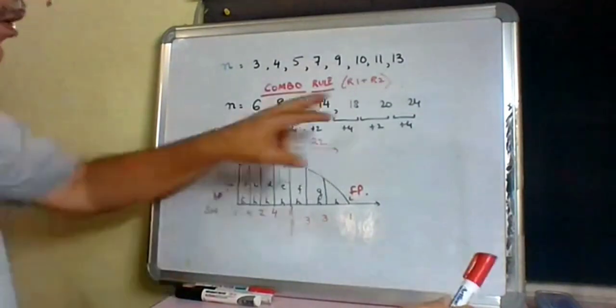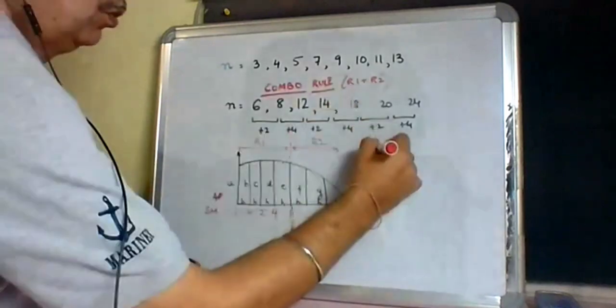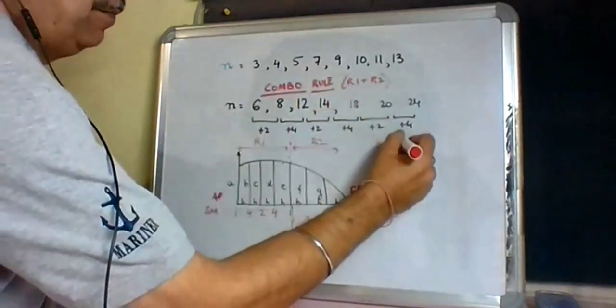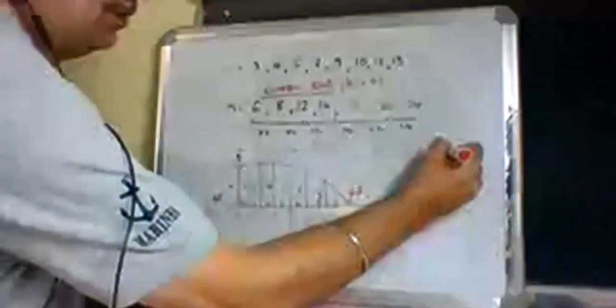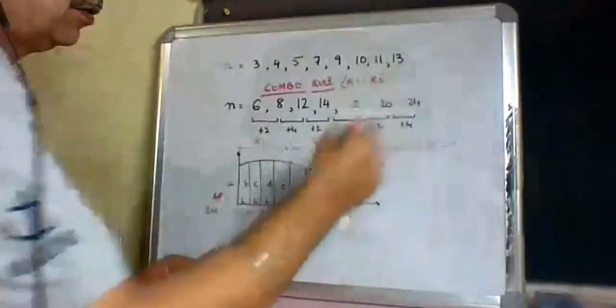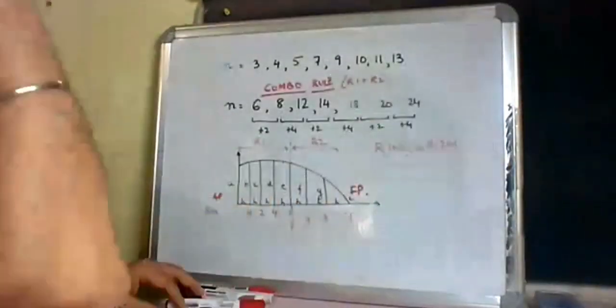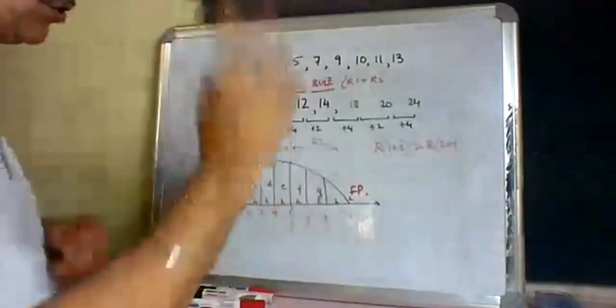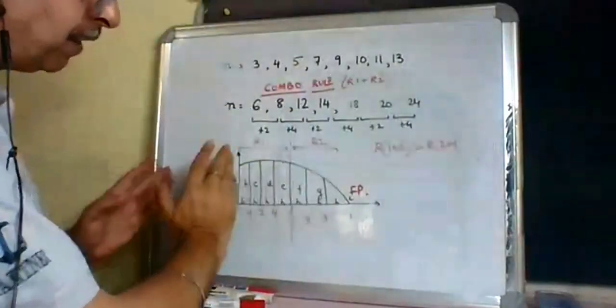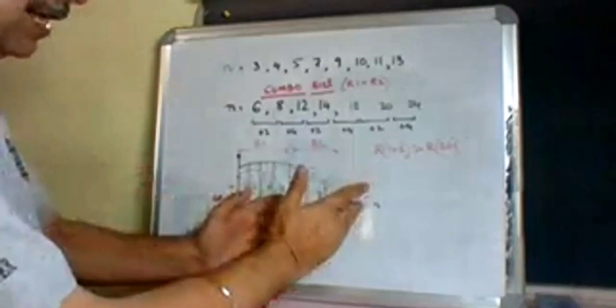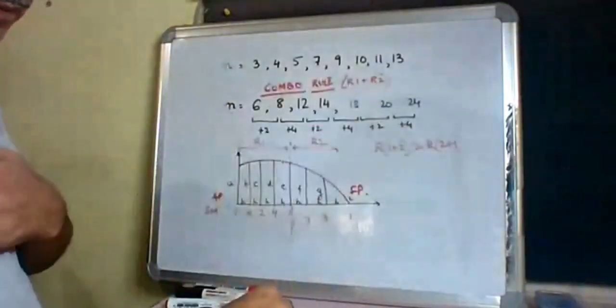And in priority, rule 1 plus 2 will prevail over rule 2 plus 1. Therefore, I will always use 1 plus 2. I'll always allow for rule 1, and then the last 4 will always be rule 2.